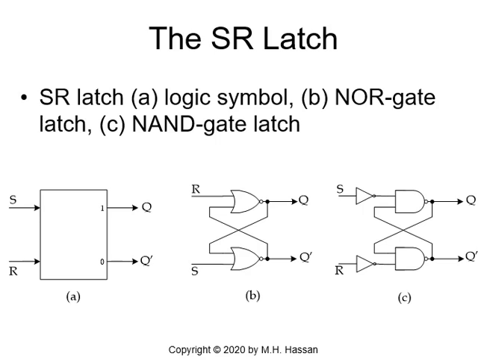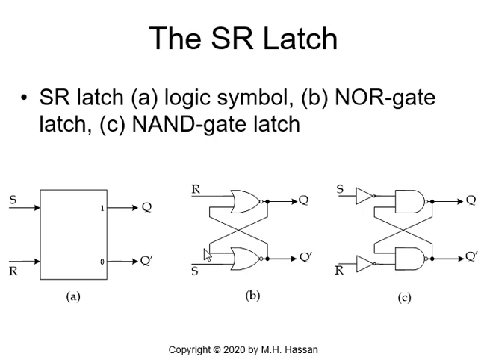So if we apply S and R both zeros from logical switches, we observe the change in Q. Initially we will set Q to be 0. Q prime must be equal to 1, and we are applying 0, 0.